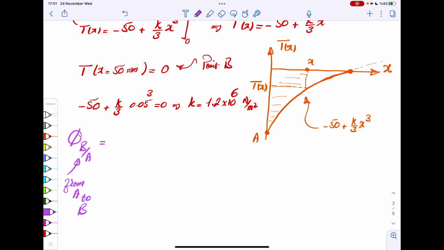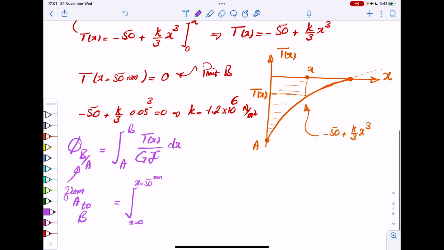So from A to B, this would be the integral from 0 to 50 millimeters. Or let me just put it like this. It's from A to B, indeed, of Tx divided by Gj dx. Now, at A, x is 0. At B, x is 50 millimeters.